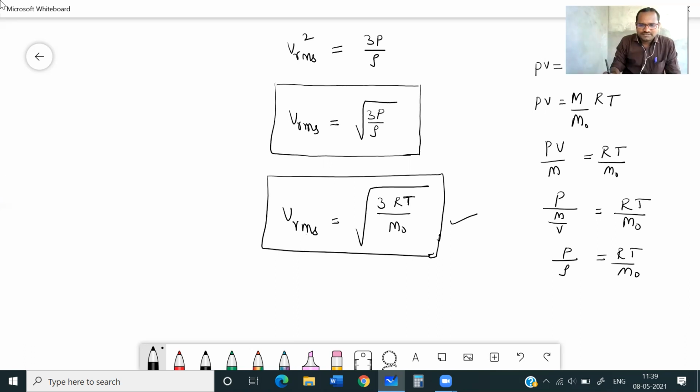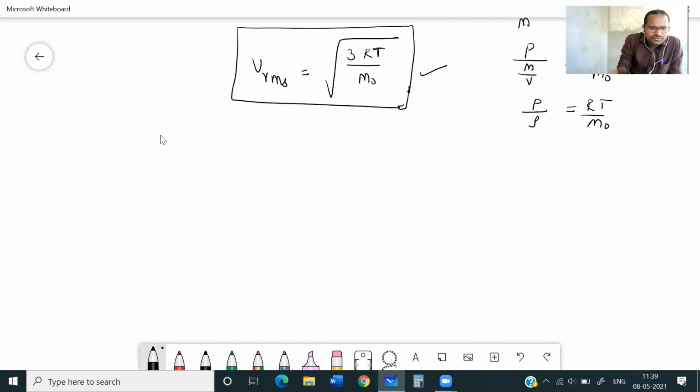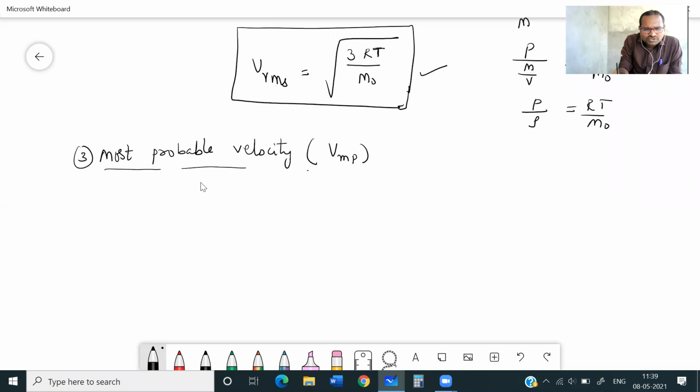Let us take the third one, most probable velocity. This can be written as VMP. What is most probable velocity?